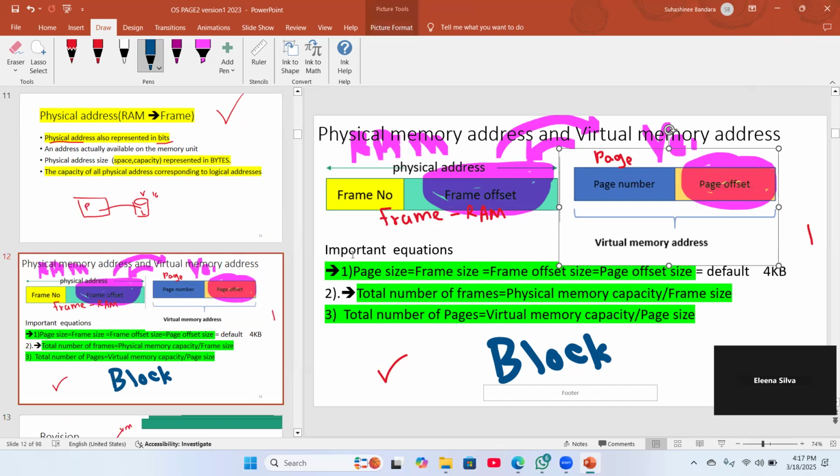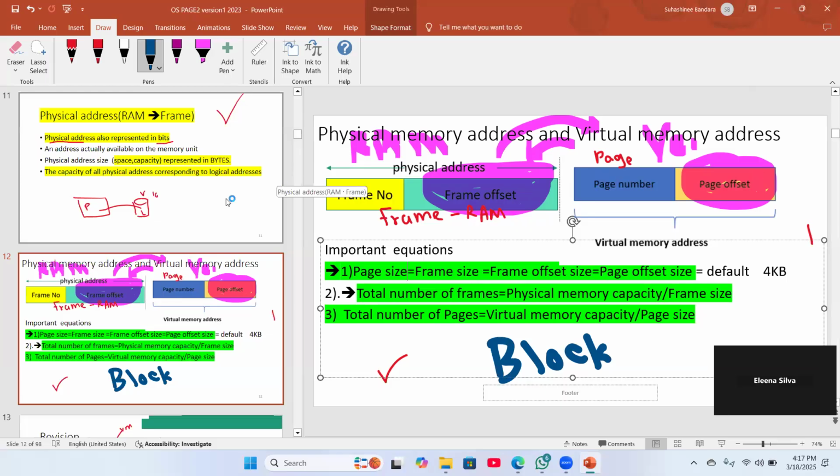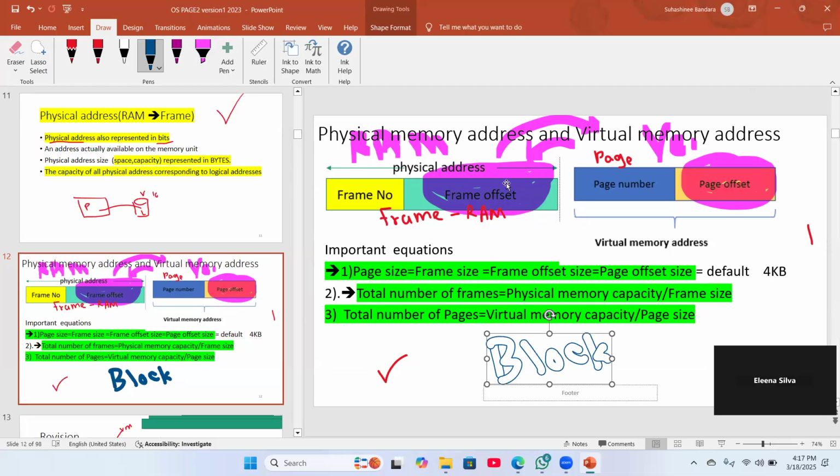Okay. So then the important equations, actually known in numbers. I have taken these numbers just to make it easy for me to explain. So page size is equal to frame size. That is equal to page offset as well as frame offset. Why? The paging file, that means the program block, is the one which is going to be held in the page offset and the frame offset.